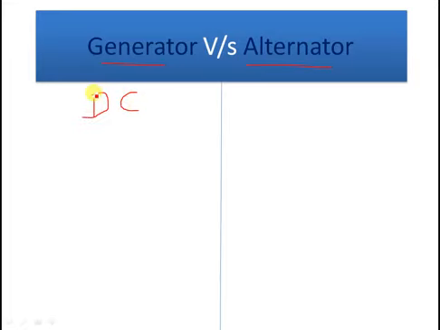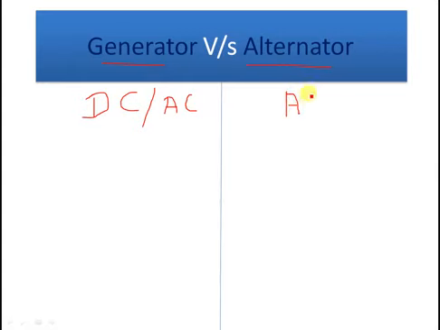You have heard about the DC generator. It can also be an AC generator, which we call an induction generator, which is basically an induction motor working at certain conditions where it generates electricity, while an alternator is only meant for generating AC current.